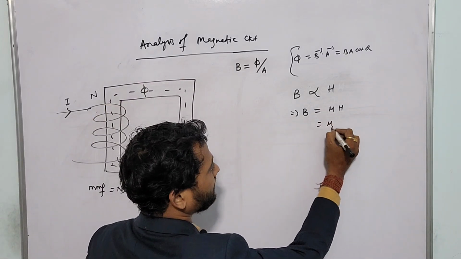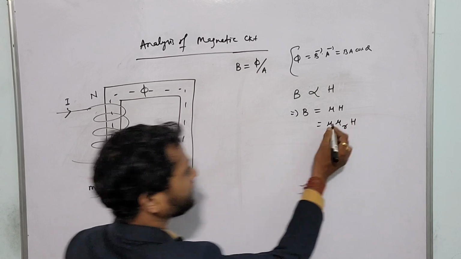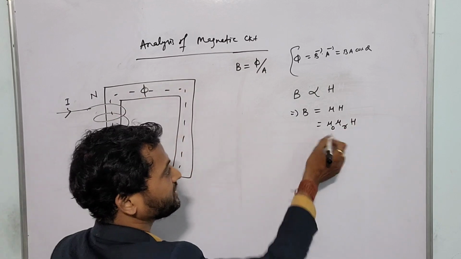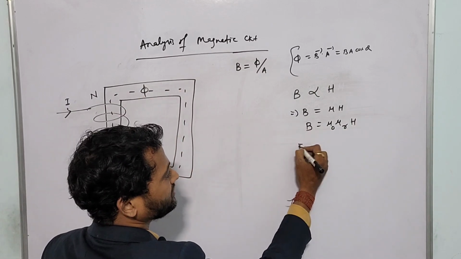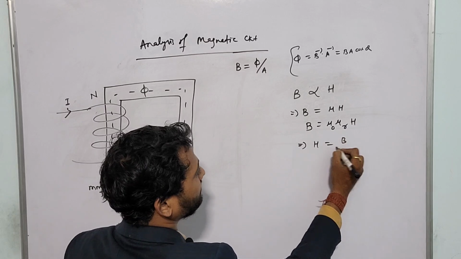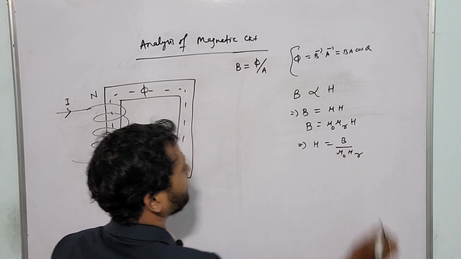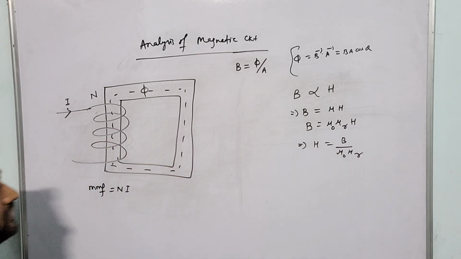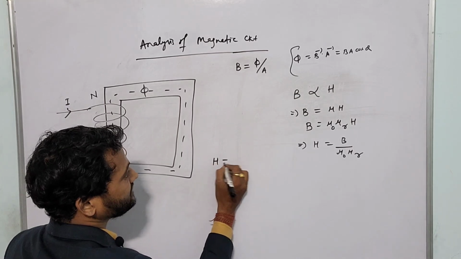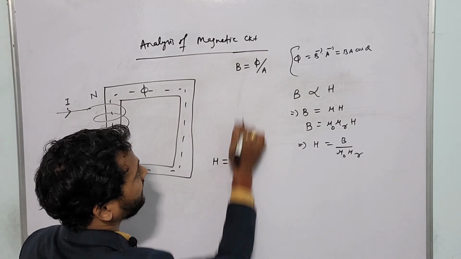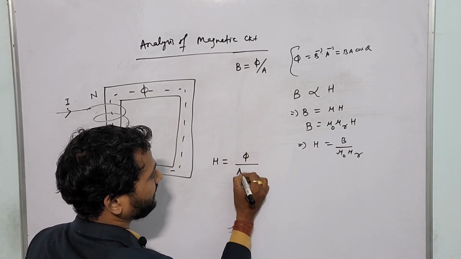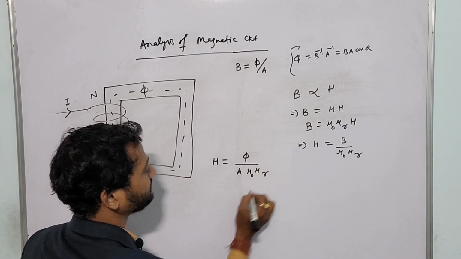In place of mu, I can write mu naught into mu r. Mu naught is the absolute permeability and mu r is the relative permeability. So here we get H is equal to B upon mu naught into mu r. Clear? So H is equal to, in place of B, phi upon A into mu naught mu r.